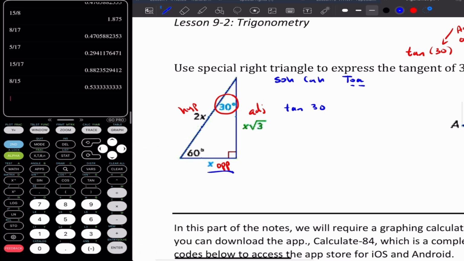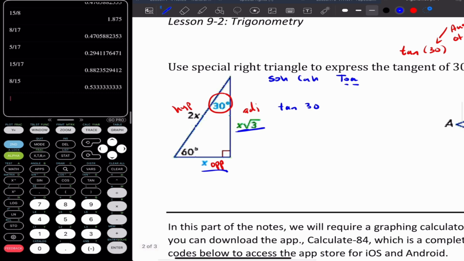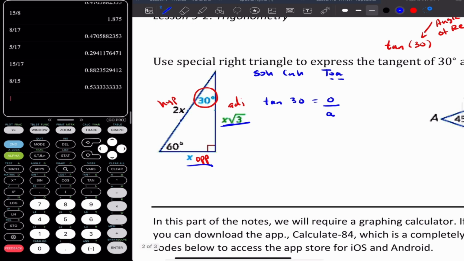So here's opposite. Here's adjacent. So it's O over A, and the opposite side is x, and the adjacent side is x root 3.